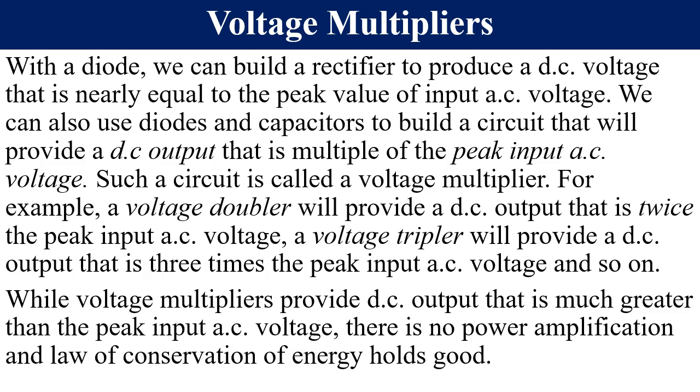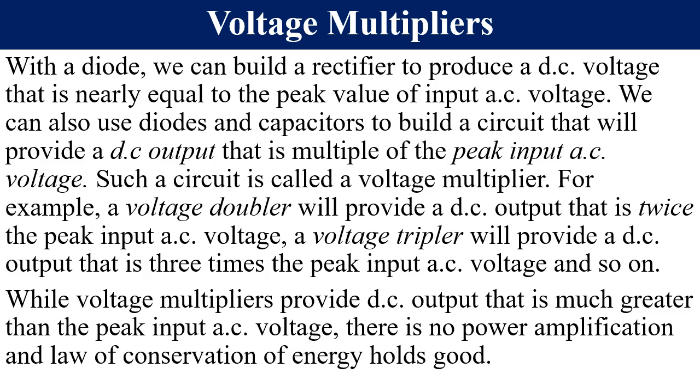A voltage doubler produces a DC output from an AC voltage that is a multiple of 2. In other words, we multiply the AC input voltage by 2 and the output that we get is a DC voltage. For a voltage tripler, even from the English meaning of the word, we produce a DC output voltage that is a multiple of 3.